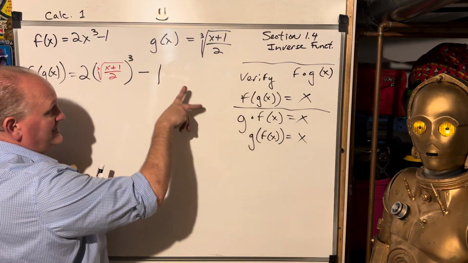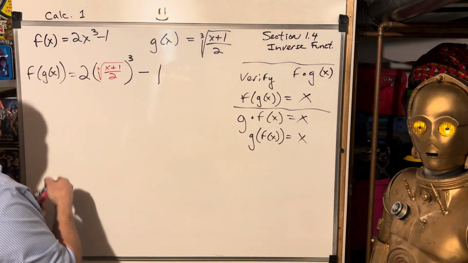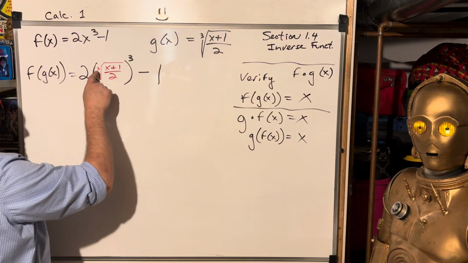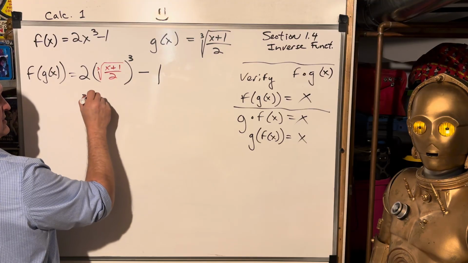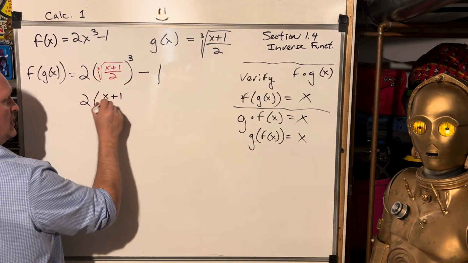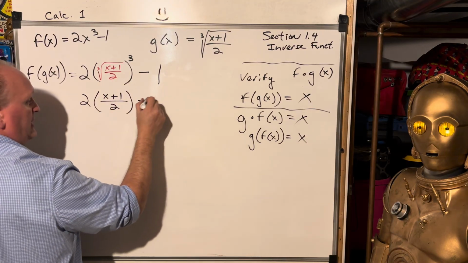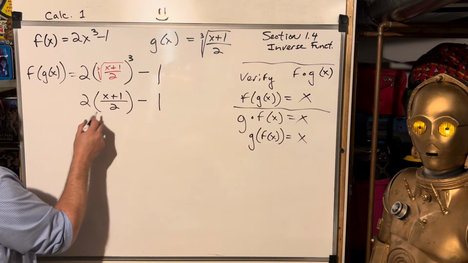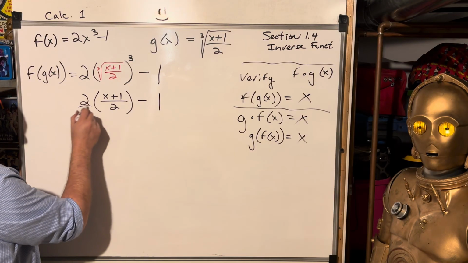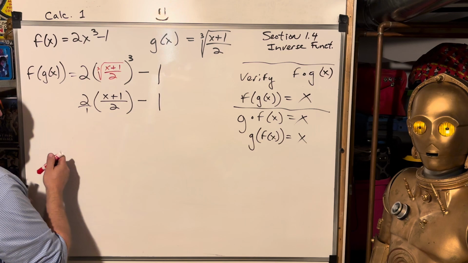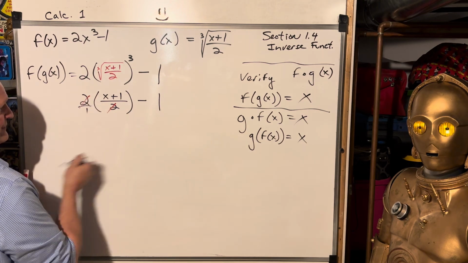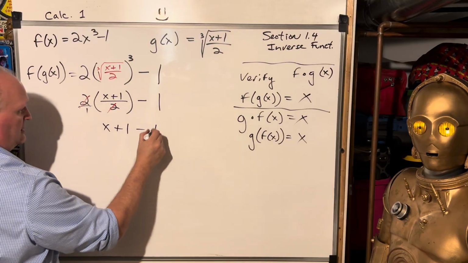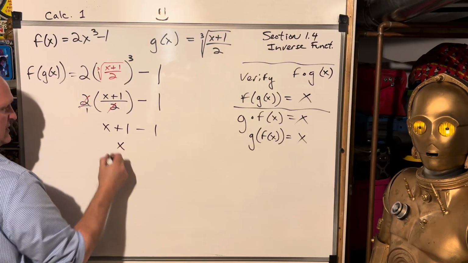And now we're going to simplify this. So this and this, the cube root cubed, those cancel. So you have 2 times (x plus 1) over 2 minus 1. And then we simplify further. This is 2 over 1, sort of. So those 2's are going to cancel, and we're going to have x plus 1 minus 1, and then combine the like terms.